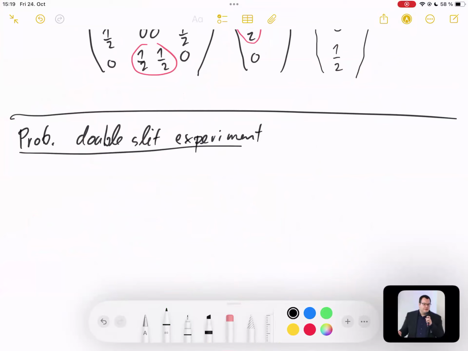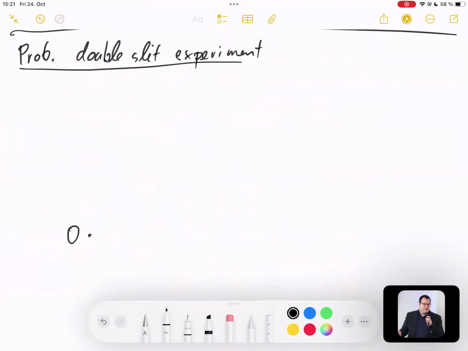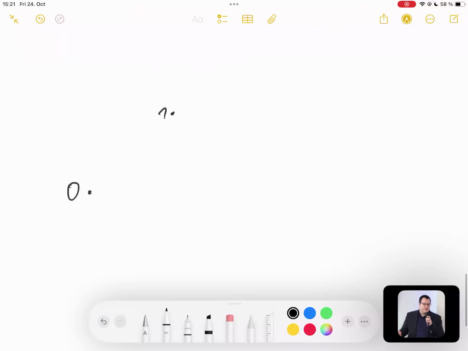And what we have is we are starting and we shoot the bullet. So when the experiment starts, let me move this a bit further down so that we get enough space. We are in position 0, and then we have positions 1 and 2. And we said the bullet would go through the top slit or the bottom slit with equal probabilities.